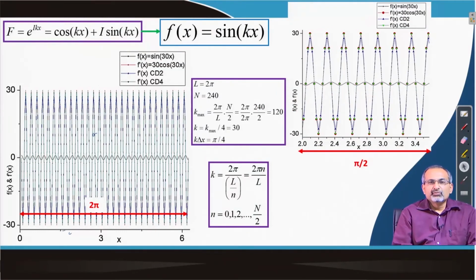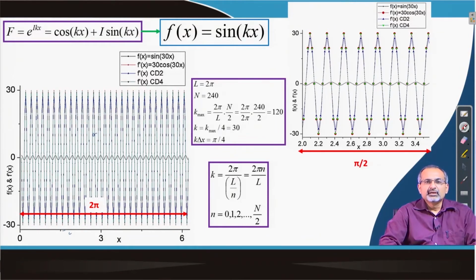We take up a problem over here by defining a function f of x equal to sin kx. Now, you may recall that when we were talking about the Fourier representation of the function f of x, we had used a complex representation.